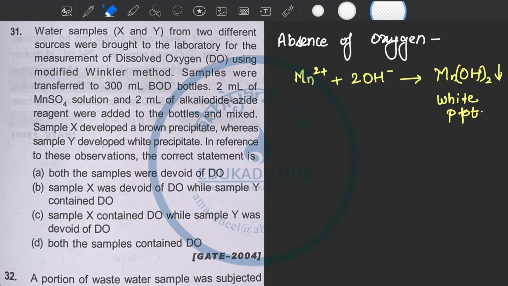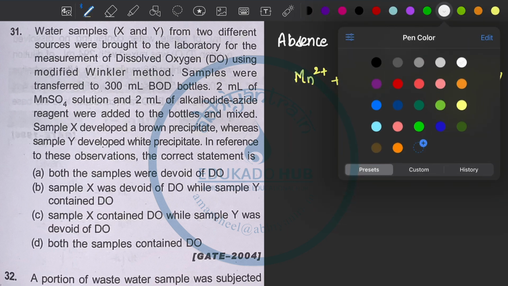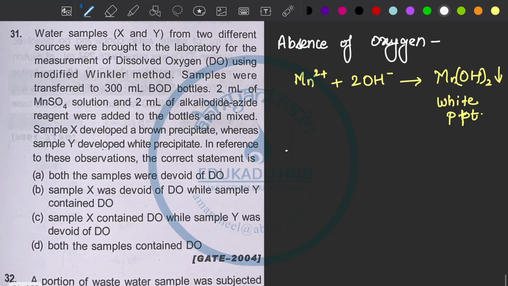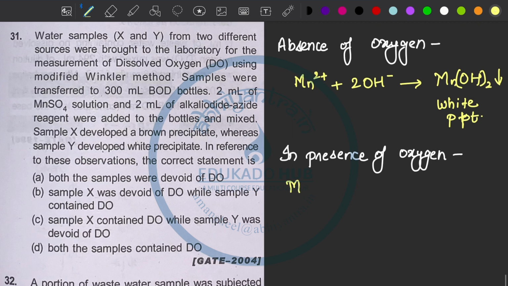Now, in presence of oxygen, your MnSO4, that means Mn2+ ion, reacts with OH- ion, and oxygen is there.